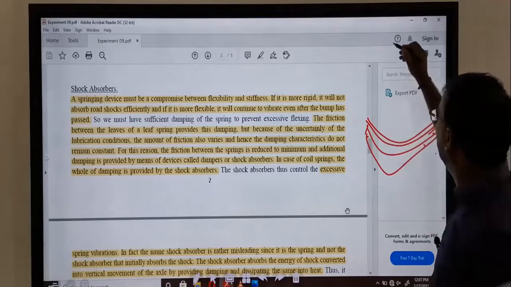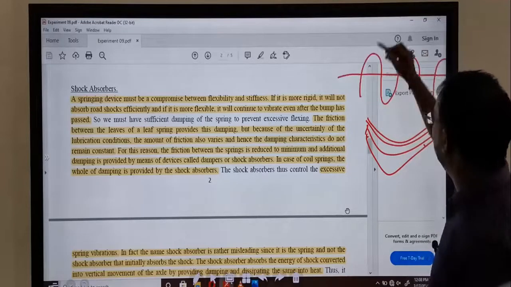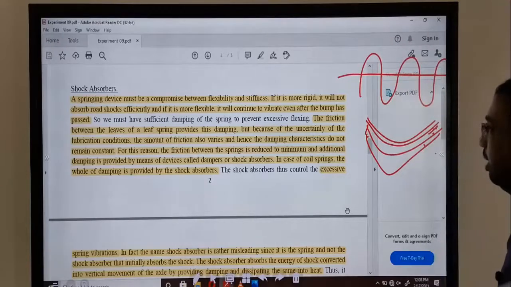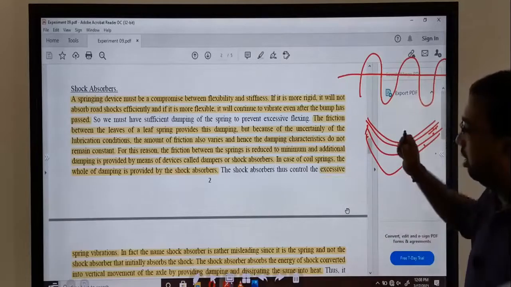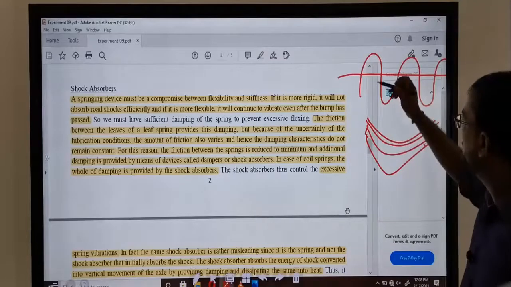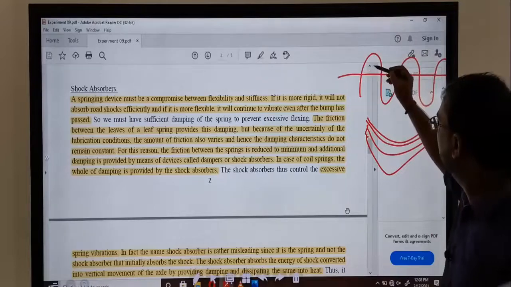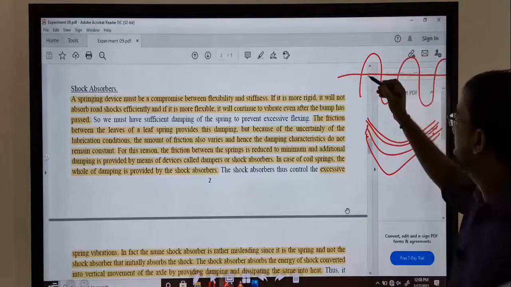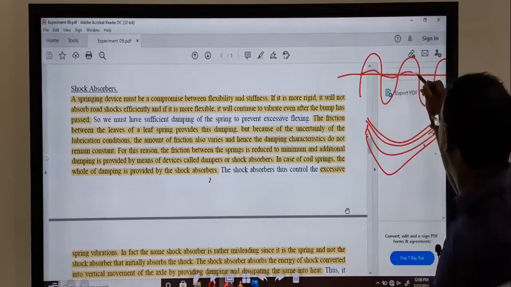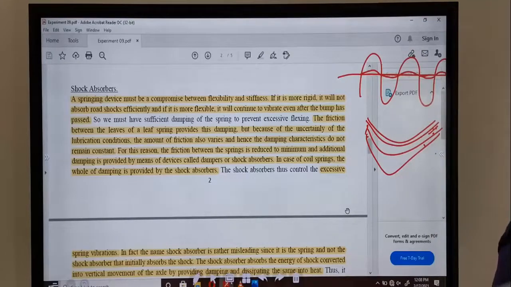Damping deals with oscillation, upwards and downwards around the center level, caused by bumps. When it is more flexible, we can feel the vibrations.